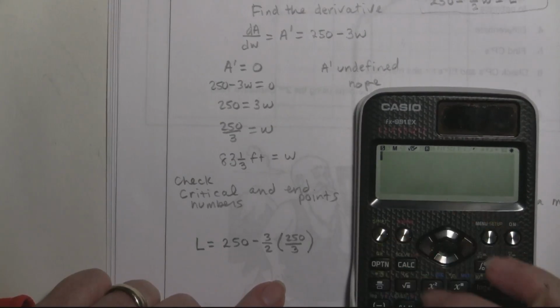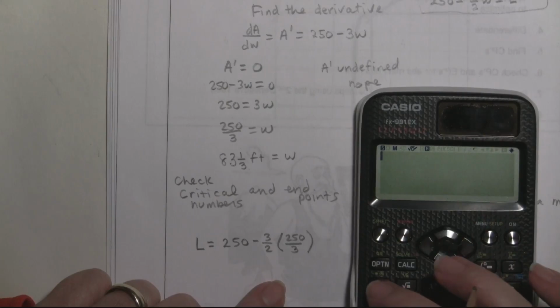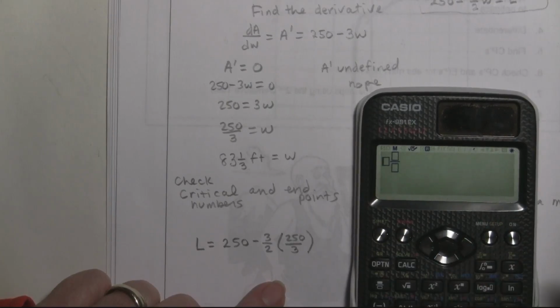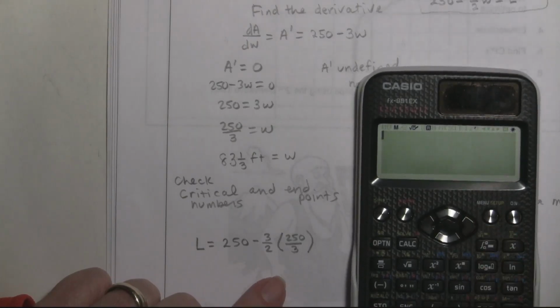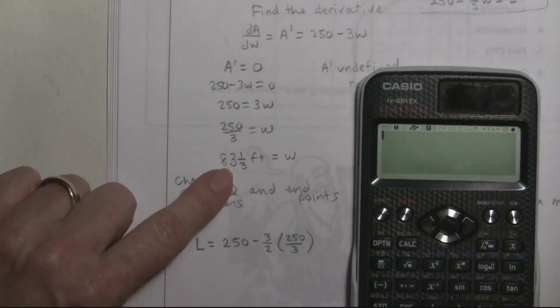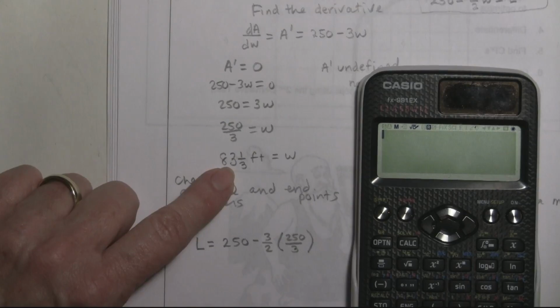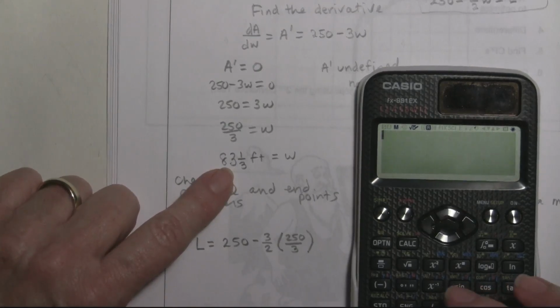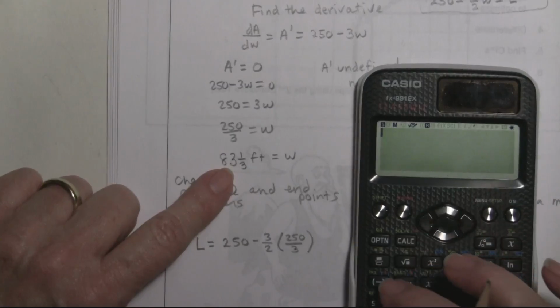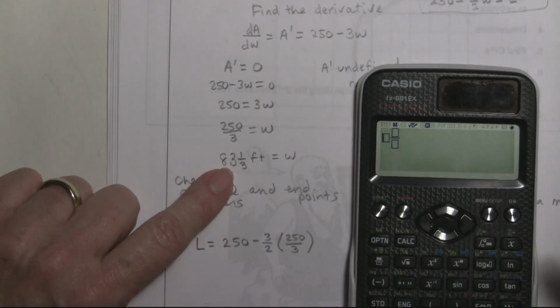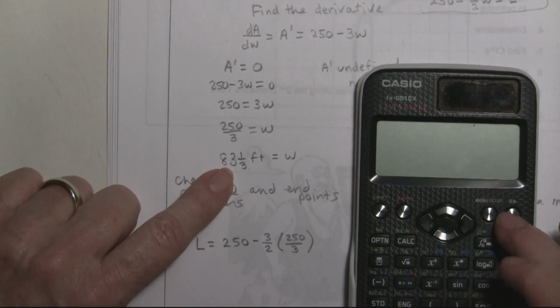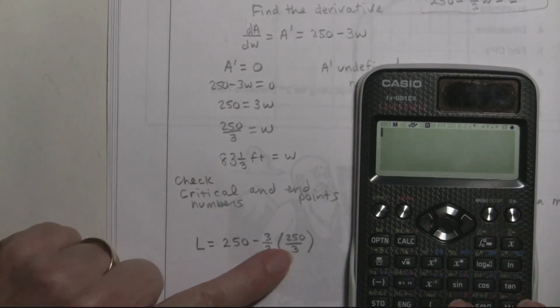You have to hit the shift and then that fraction key in order to get the mixed number. If you try to create it yourself, it'll be times, and that's not what this means. This doesn't mean 83 times 1/3. It means 83 plus 1/3. And so if I try to create it without using this button right here on the Casio, it won't know that it's a mixed number. So that's why I like to use the improper fraction.